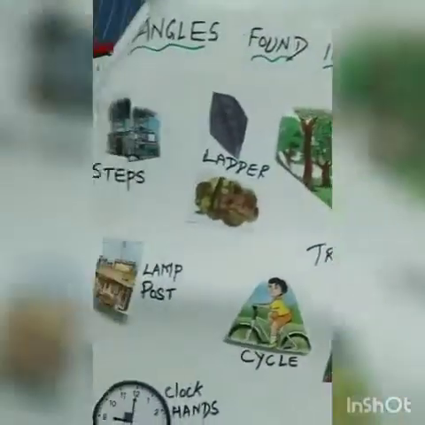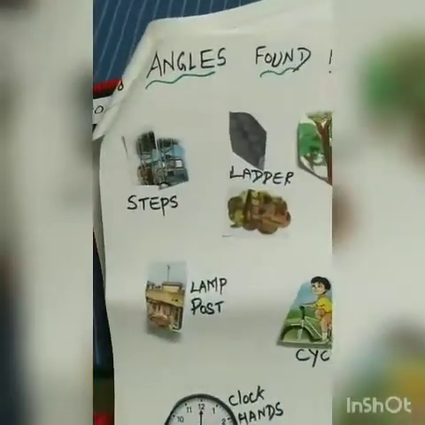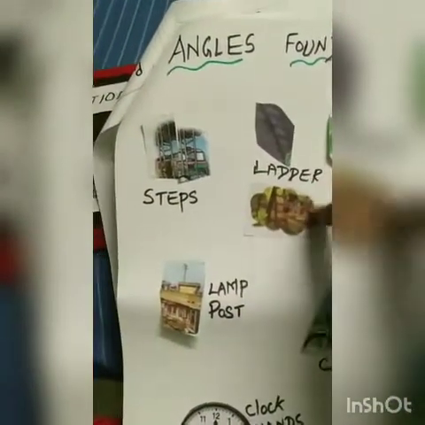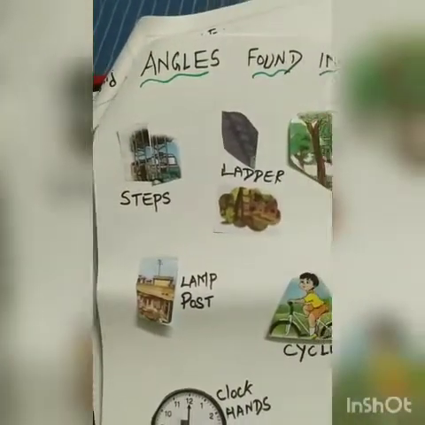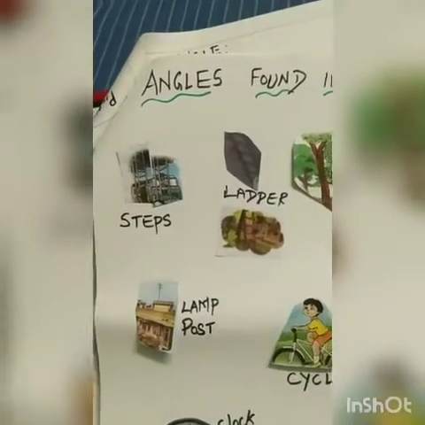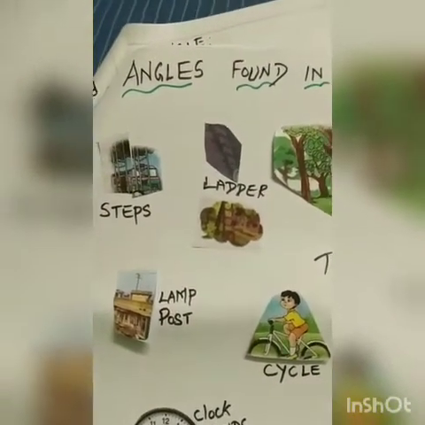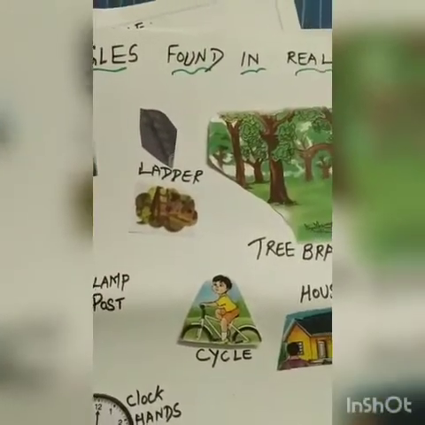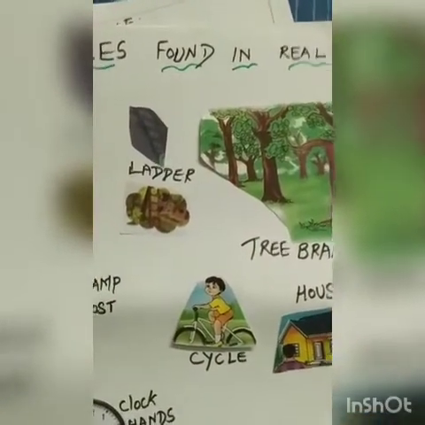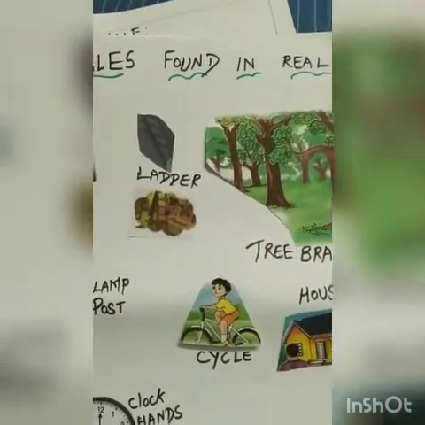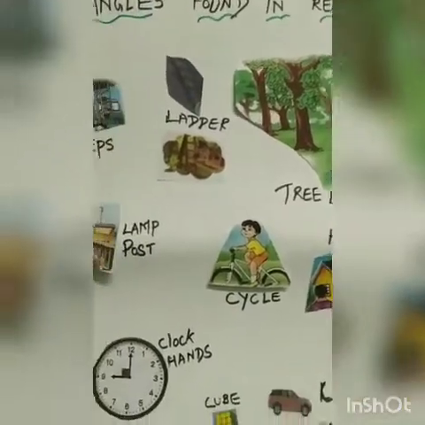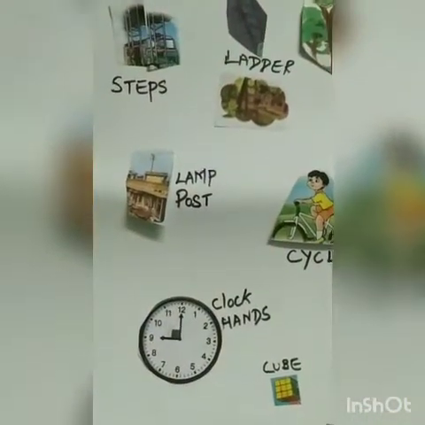Now, angles: where can you see them in real life? You can see them in steps. Whenever you climb the steps of your house, you can see the right angle. In the ladder you can see the right angle, or you can see obtuse angles in the branches of trees. Then you can see angles in the lamp post.